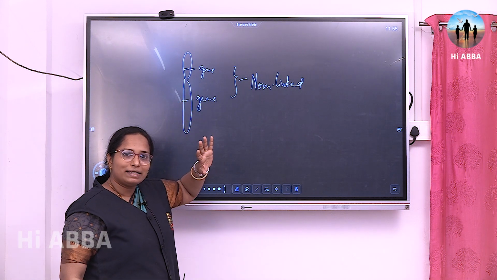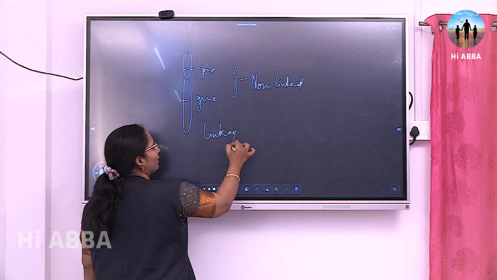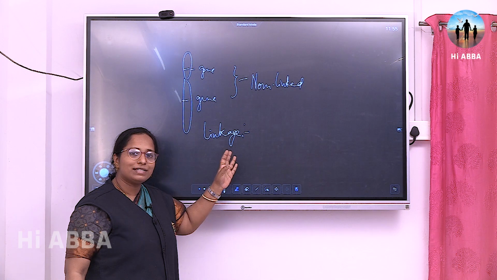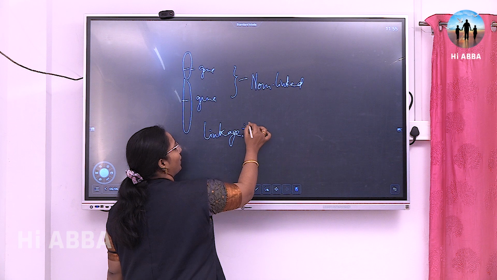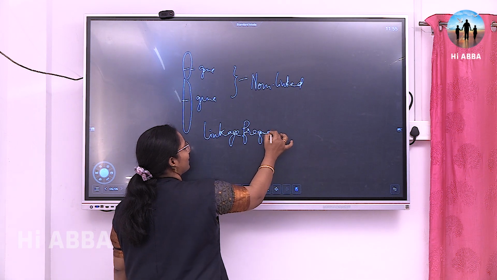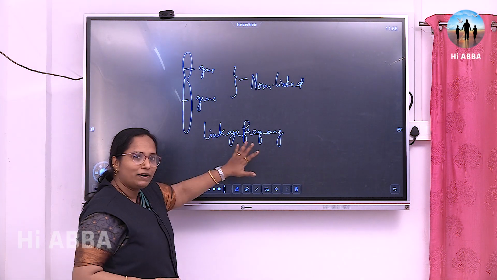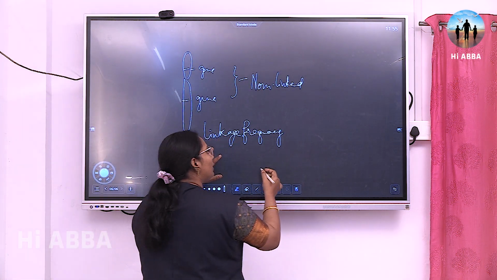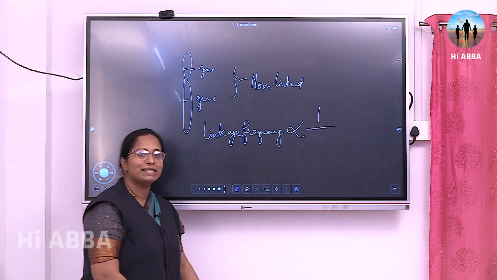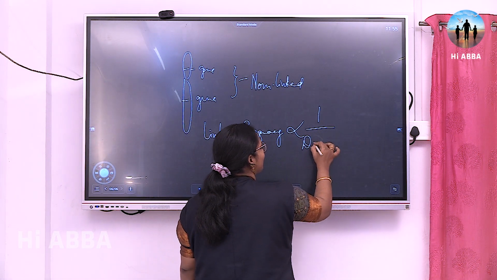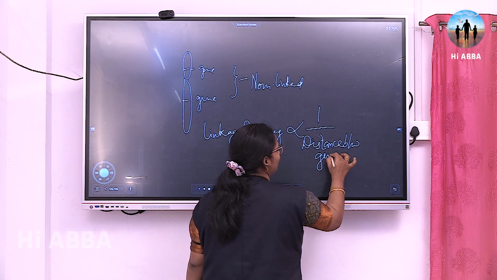So what we are able to understand is the linkage. Now the linkage is always dependent on the distance. I'll give you a small definition. Remember this is in the form of an equation: linkage frequency is always inversely proportional to the distance between the genes.